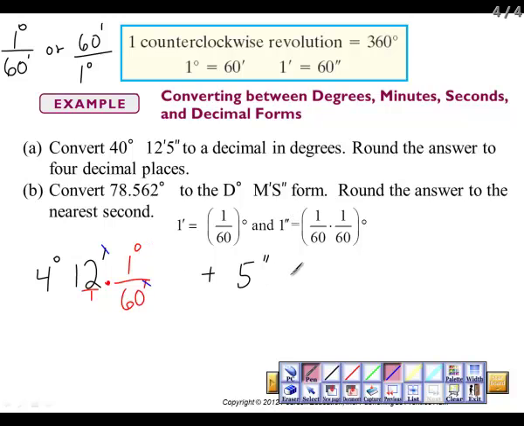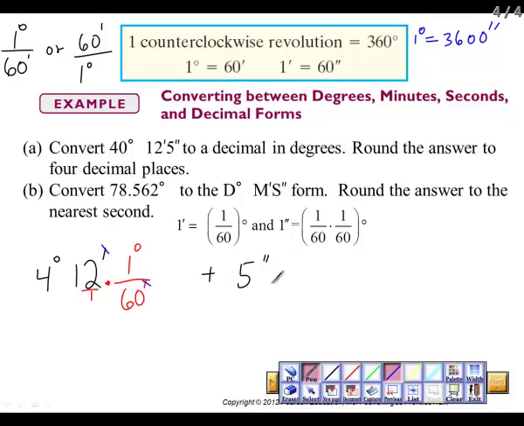Now here, because we have 1 degree equals 60 minutes, and then 1 minute equals 60 seconds, we can also say that 1 degree equals, since 6 times 6 is 36, 60 times 60 is 3600 seconds.